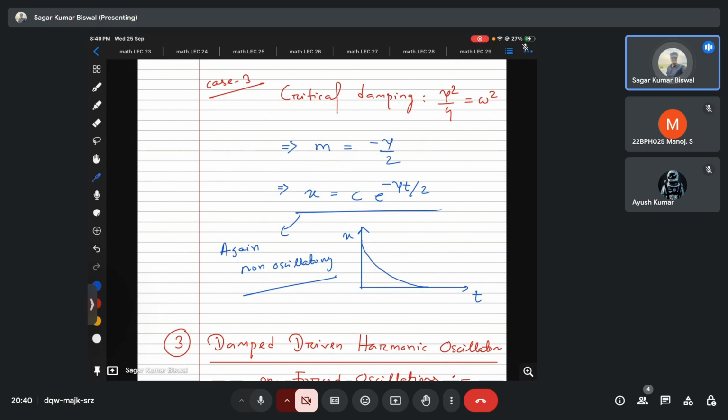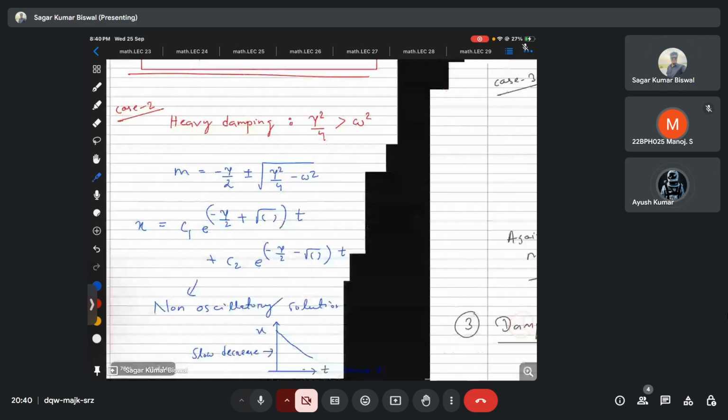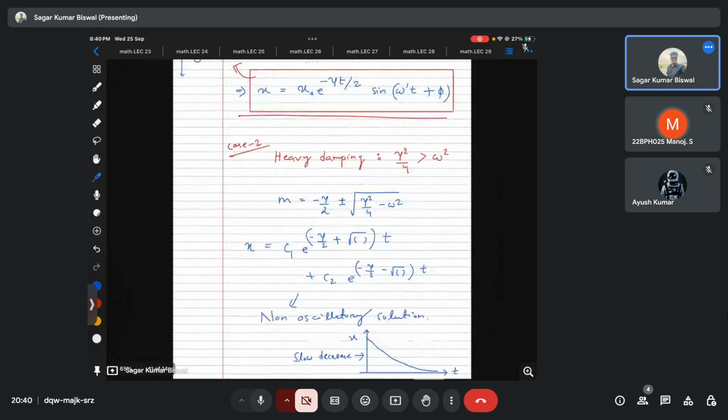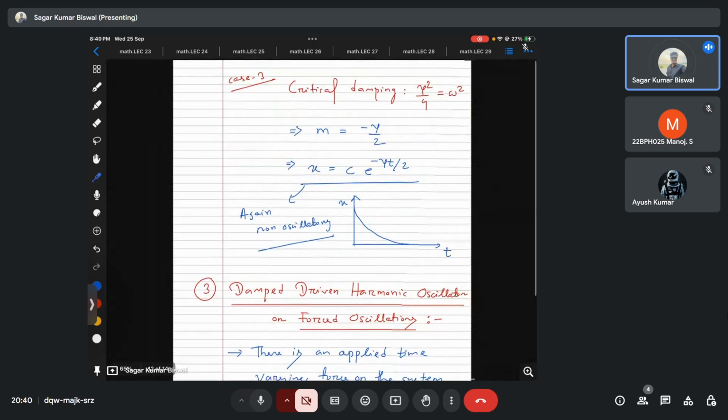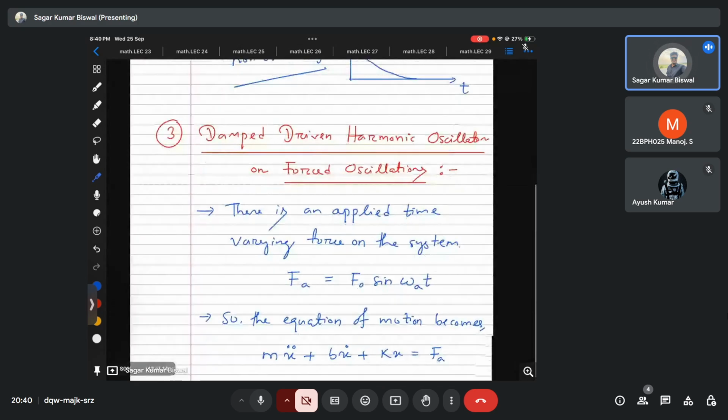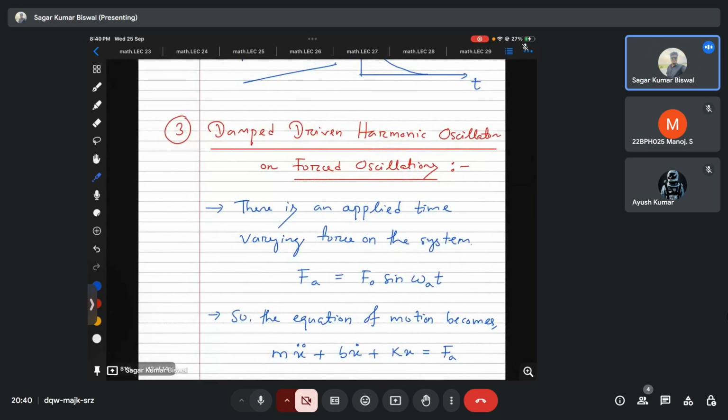Is it okay, or is there any doubt? Okay, then. So these are the three cases: light damping, heavy damping, and the third one is critical damping. Now the next case we are going to discuss is the damped driven harmonic oscillator, or the forced oscillator, right?